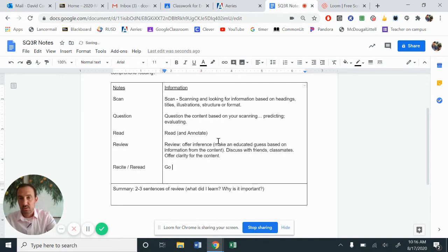So here, reread as well. You go back over the material for kind of like our higher level thinking modalities. So you go back over the material for total comprehension. Okay. This is where you finalize clarity.